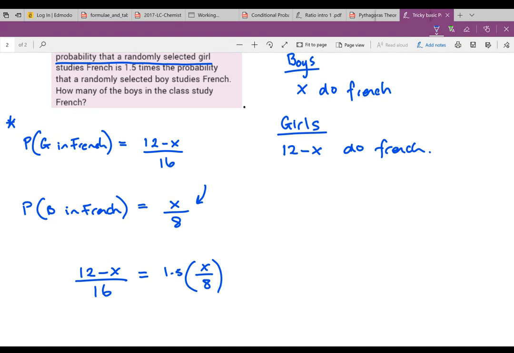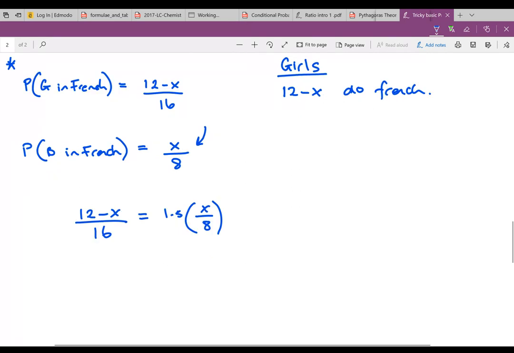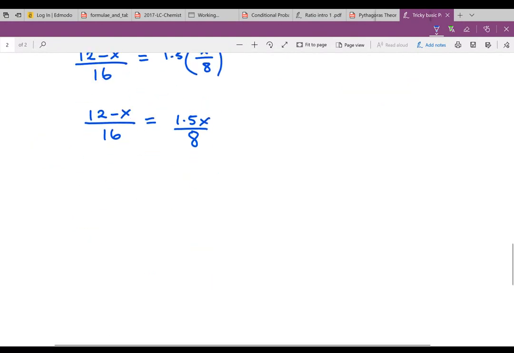Simplifying this then, I can say 12 minus x over 16 equals 1.5x over 8. And then it's just a simple algebra equation.